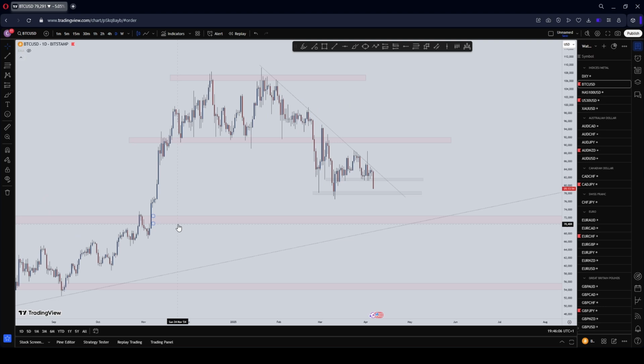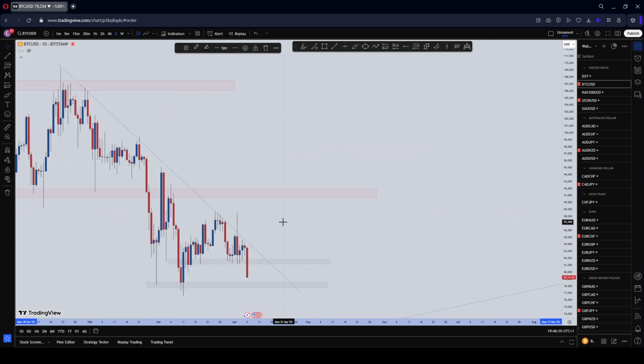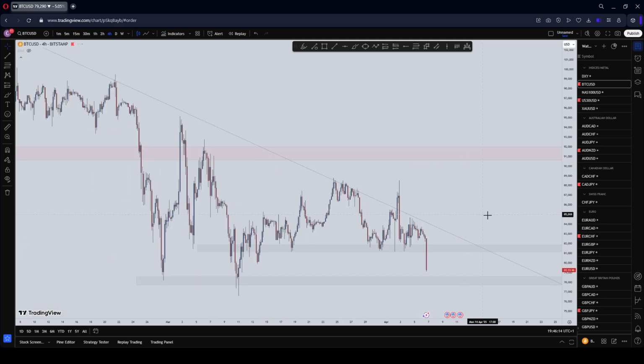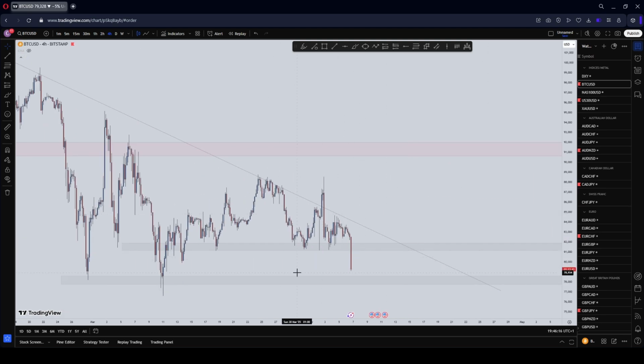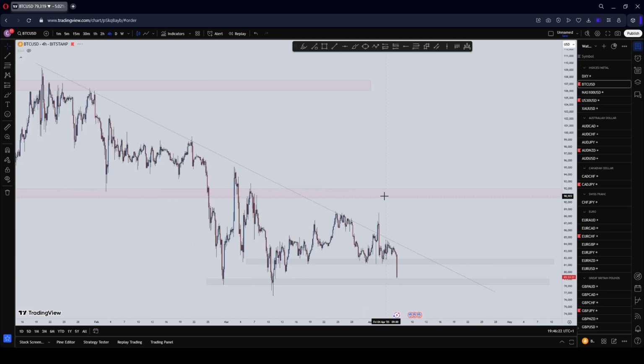We have a key level from the weekly and daily that price will most likely head to. So we can look for selling opportunities once price returns to test all these 4 hour key levels. So that is basically what we have on Bitcoin.